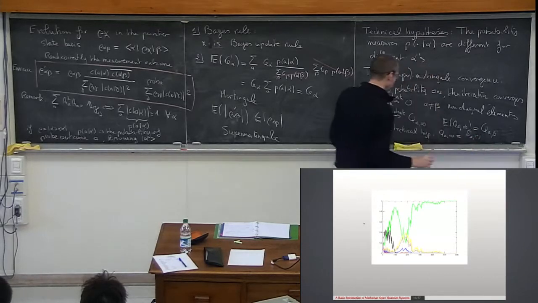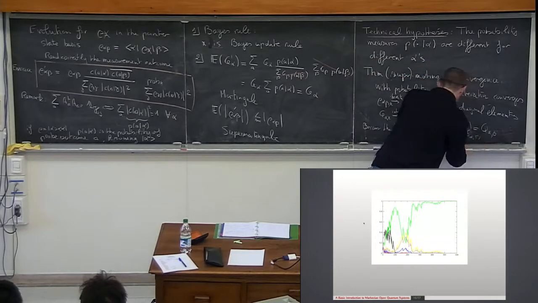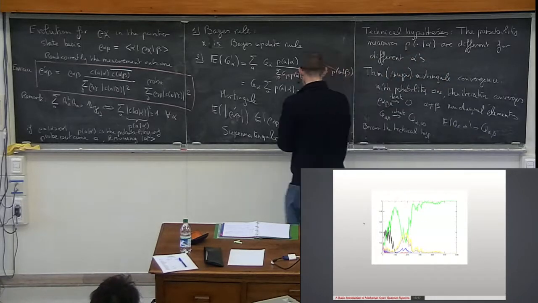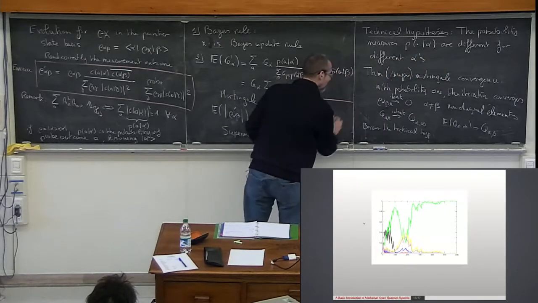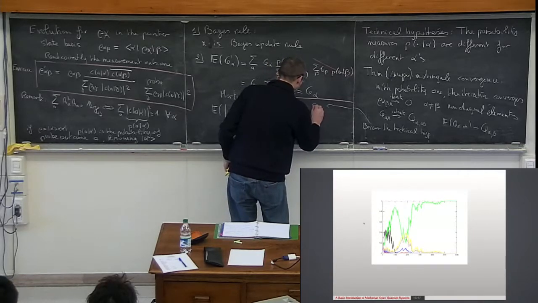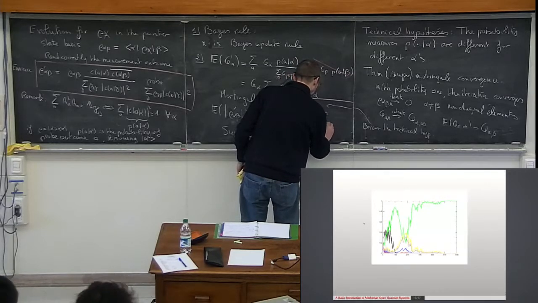Okay, so this is it. This object here is still a random object. I should write it larger, it deserves a large place. Because of the technical hypothesis, Q alpha infinity is always 1 or 0, and it's going to be delta alpha gamma, where gamma is still a random object.